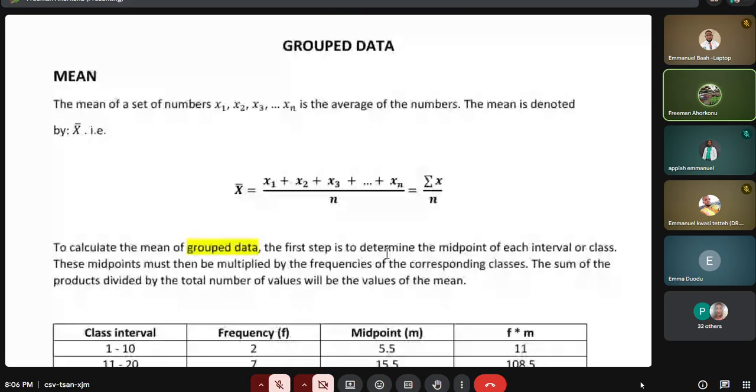Bar x is the mean: the first value of x plus second value of x plus third value of x, you add them up to the nth value. So if there are 70 values of x, then n will be 70. So you add them 1, 1, 1, 1 until the 70th one. Then you divide by 70.